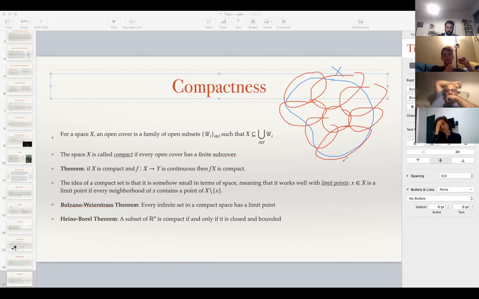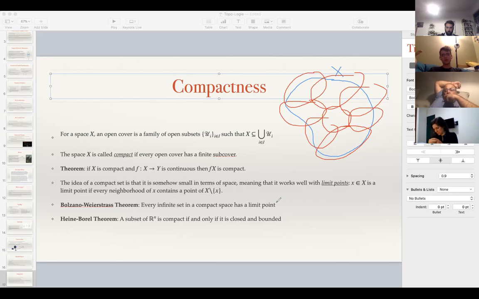Yes. Okay. Compactness, we'll see down here, the Heine-Borel theorem, this is a big one, in Rn. If you're working in Euclidean space, the real numbers to some n, a subset of Rn is compact if and only if it's closed and bounded.